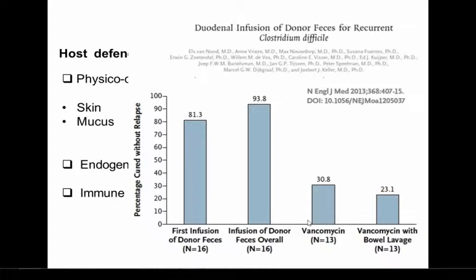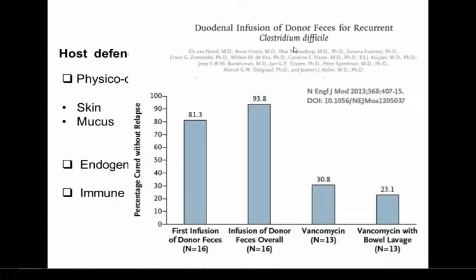So this was a publication from the New England Journal of Medicine, published in 2013. It was a clinical trial to treat patients who had a recurrent Clostridium difficile infection. This is the standard treatment, vancomycin.